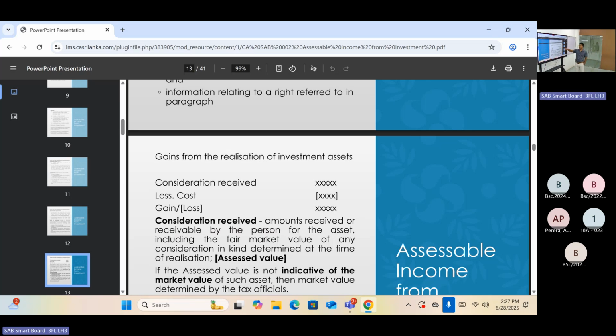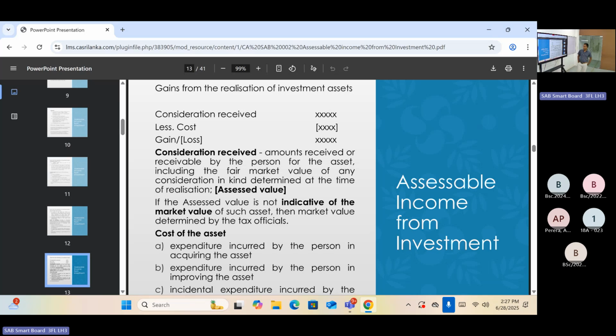It says consideration received means the amount received or receivable by the person for the asset, including the fair market value of any consideration in kind determined at the time of realization.